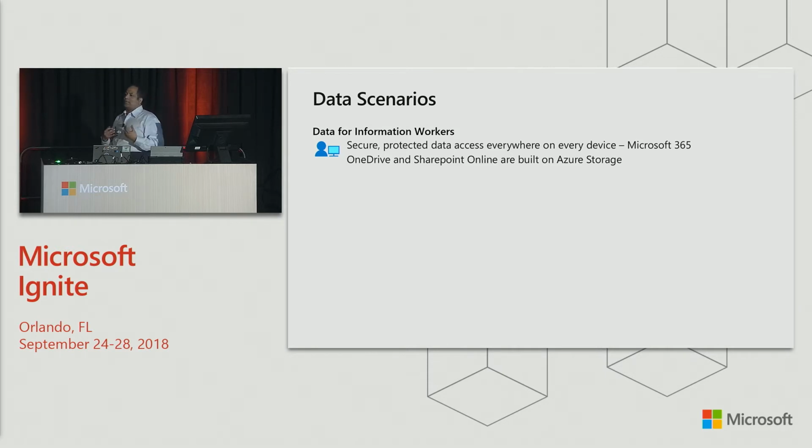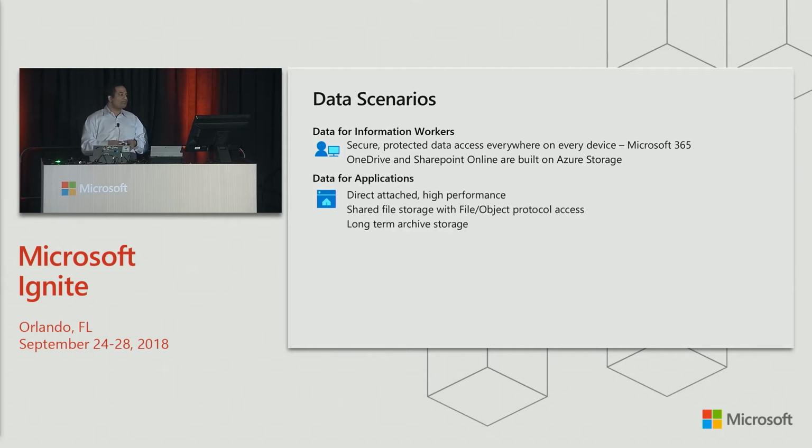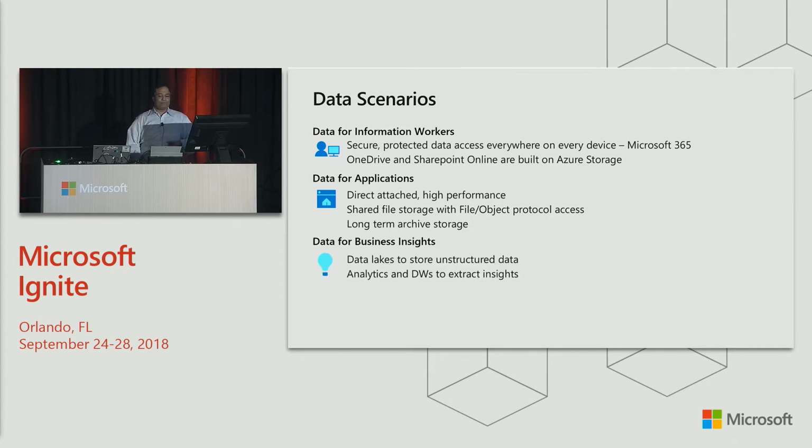That is served by our partner team in OneDrive and SharePoint and Office 365 or Microsoft 365 more broadly, but the underlying base layer is Azure Storage. That same platform then is provided to you as developers and IT pros for all of your applications, your business applications, ranging from very high transaction, high throughput workloads that are served over the internet, all the way to deep archives and backups that you need for long-term retention.